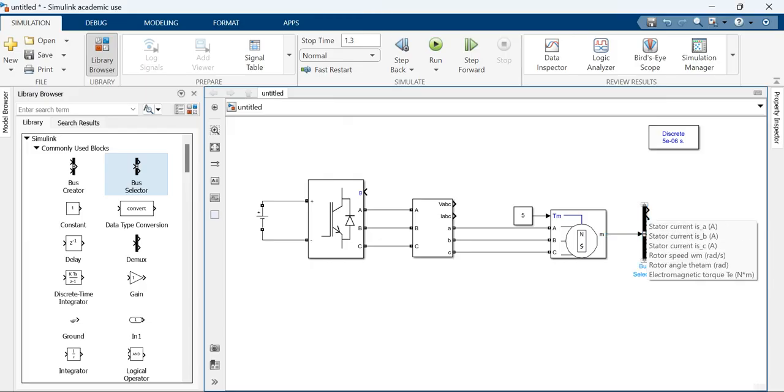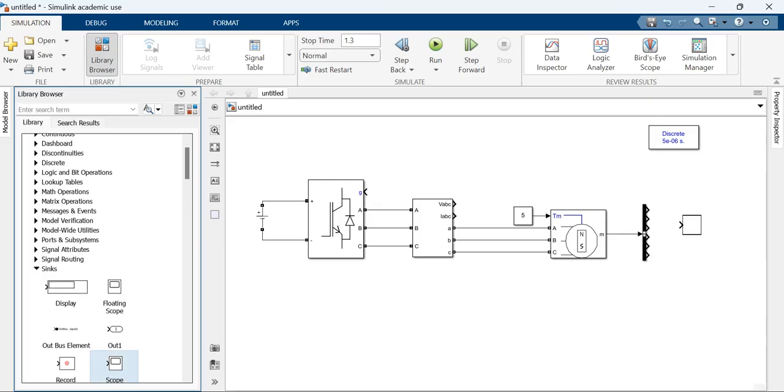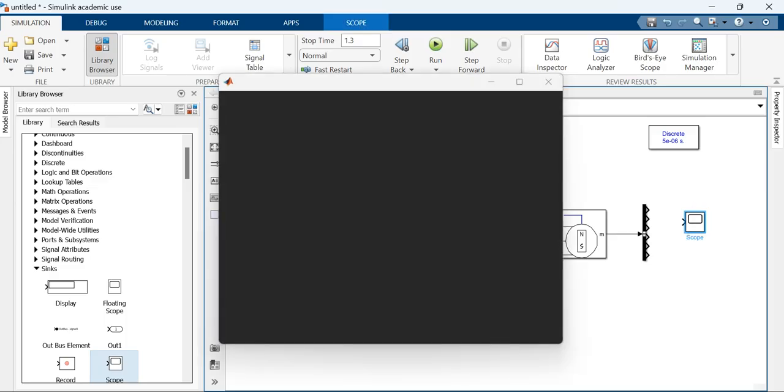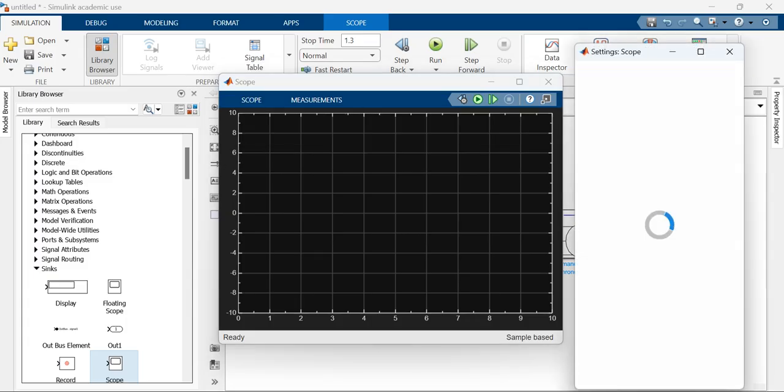So now I have 6 terminals here, which are stator current A, B, C, rotor speed, rotor angle and electromagnetic torque. So let me connect a scope to view all of this. Let me go to sinks. You have a scope. Take the scope and double click on it. You go to settings.